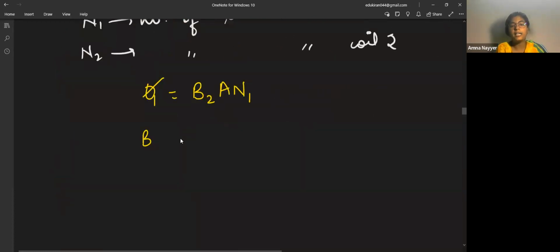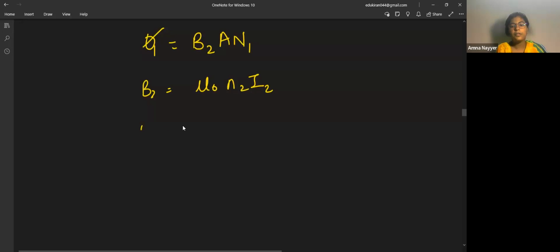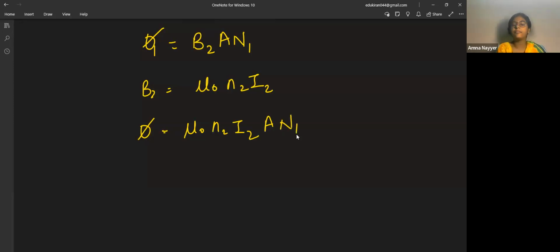B2 you can write it as mu naught n I. So for the second coil, B is equal to mu naught N2 I2. So what will flux now become? If you put this entire part, this becomes mu naught N2 I2, this is magnetic field, into area, into N1. Now what is mutual induction?